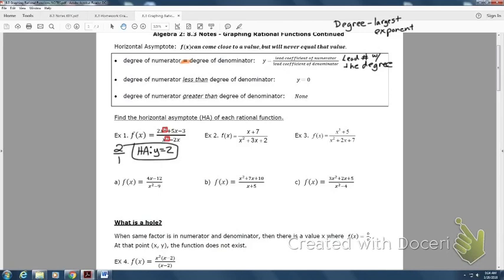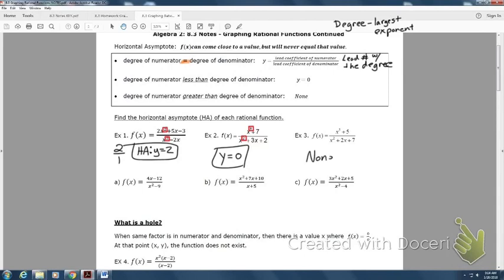What is the degree of the numerator? Just 1. Jade, what is the degree of the denominator? 2. Okay. If the numerator is less than the denominator, what is my horizontal asymptote? Y equals 0, automatically. On number 3, Ray, what is the degree of the numerator? 3. And Peyton, what is the degree of the denominator? 2. If the degree of the numerator is greater than the denominator, what is my horizontal asymptote?